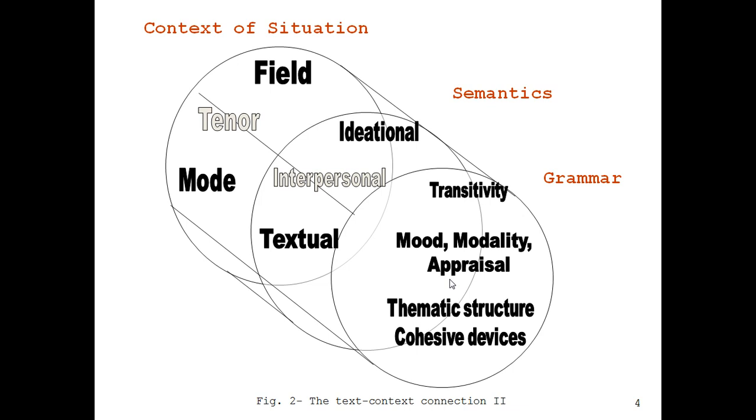Okay? And these are all things that we will see in depth. They're all systems that aim to express the speaker's position towards the situation, towards what he or she is saying at a given moment, and also evaluative language. Okay, that's the function of mood, modality, and appraisal. But we shall see each of them.